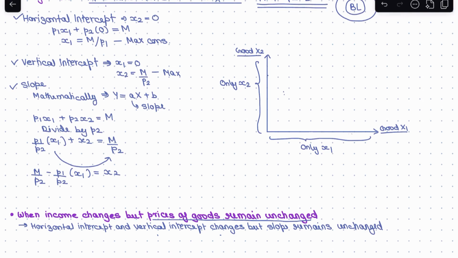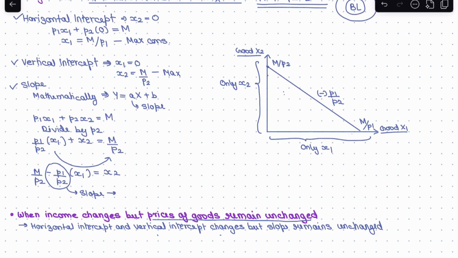From this equation, we can clearly see that the slope of the budget line would be minus of p1 by p2. So we have the three things, and we can therefore draw what a budget line will look like. We have intercept for x-axis as m by p1, intercept for y-axis as m by p2, and we have the slope as p1 by p2, and this is negative.